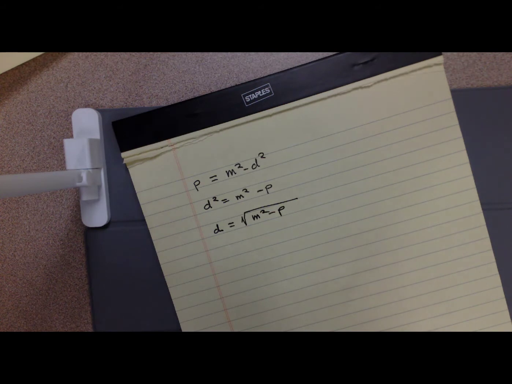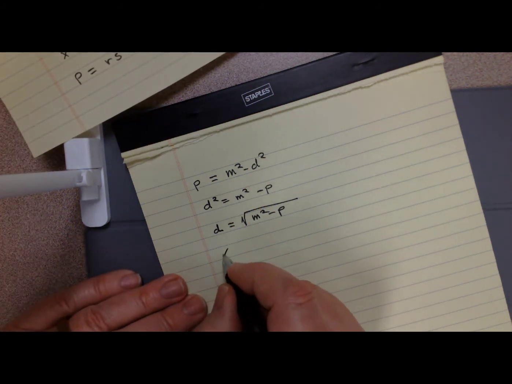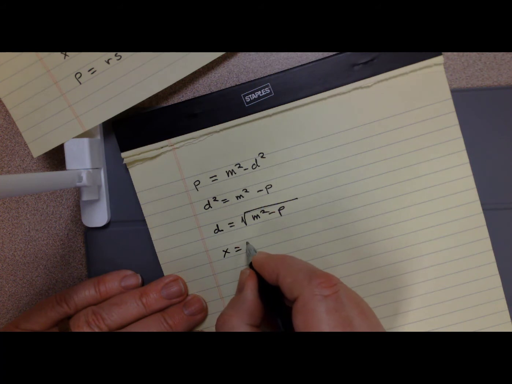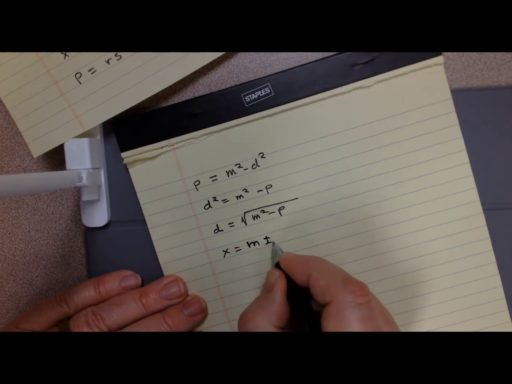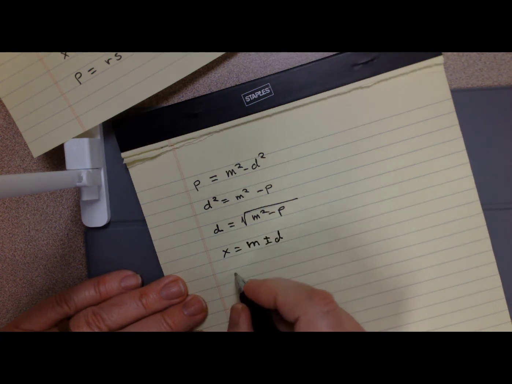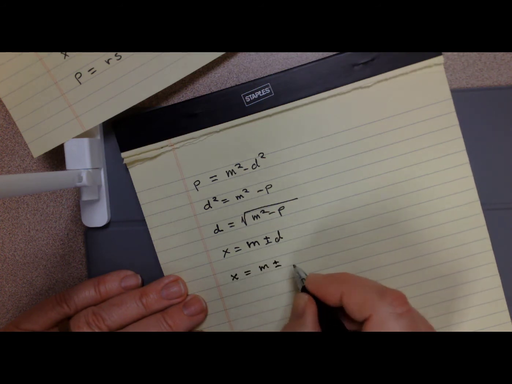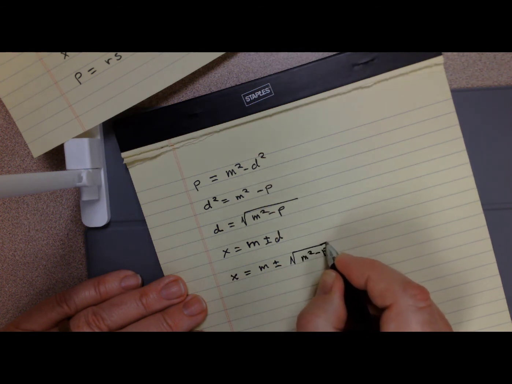Again, I'm not doing the plus or minus there because I'm thinking of d as a distance, and I have my plus or minus taken into account in m plus or minus d, so I can say x equals m plus or minus the square root of m squared minus p.